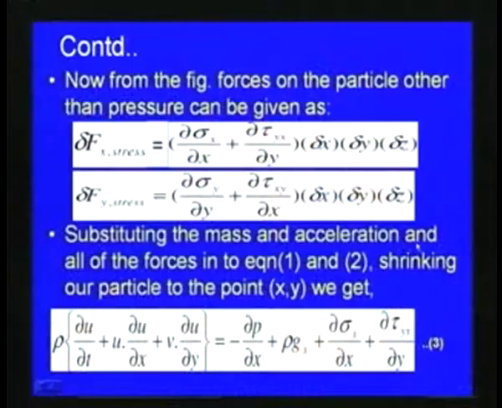Substituting the mass, acceleration and all of the forces into equations 1 and 2, that means we are writing the equations for two dimensional cases, and then shrinking our particle to the point x y.